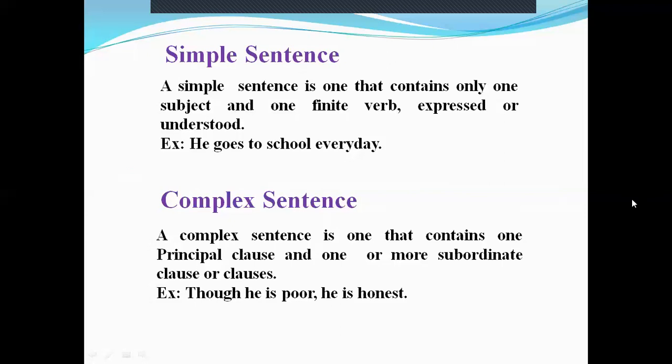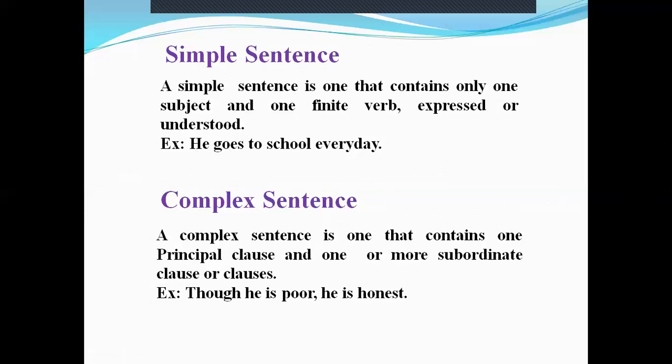For example, he goes to school every day. This is an example of a simple sentence because here he is the subject and goes is the verb. So here there is only one subject and one finite verb.